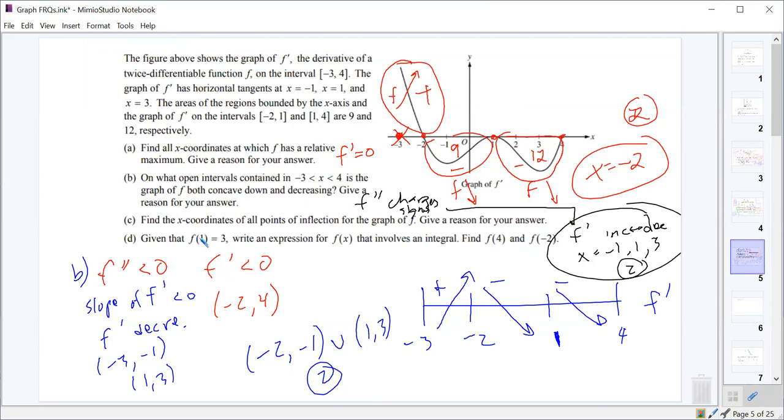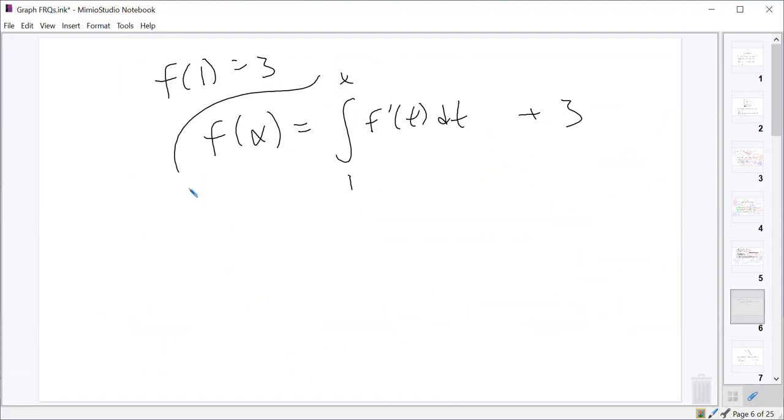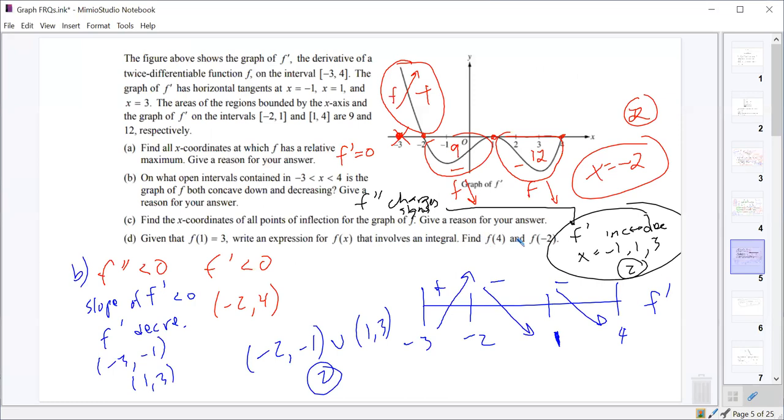So first off, if we know that f of 1 is equal to 3, we should be able to write that f of x should be equal to the integral from 1 to whatever x value we want of f prime of t dt plus 3. Right, that satisfies the condition that f of 1, if I plug in 1 to this, I should get 3. So there's our expression. You actually ended up with 2 points for that, 1 for this and 1 for remembering to use the initial condition. And then 3 points for finding the correct values at the end of f of 4 and f of -2.